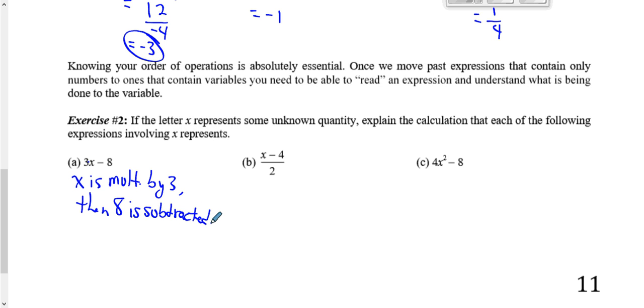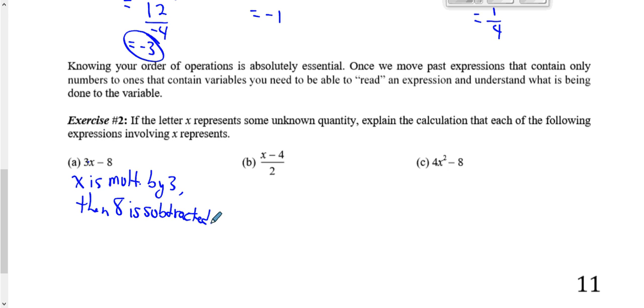Okay? How about in part B? What's happening to the X first and then next and whatnot?